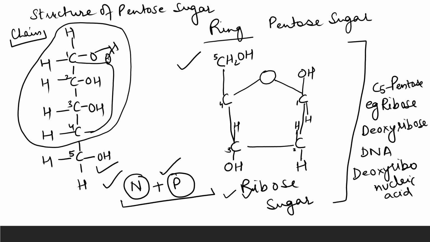And then we need to join the last structure, which we didn't talk about till now. So let's first join these two, the nitrogenous base and the pentose sugar, deoxyribose sugar.